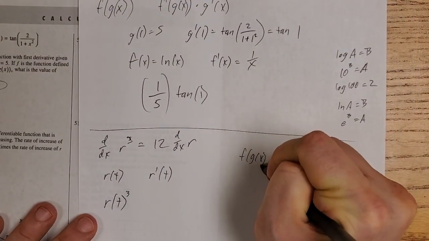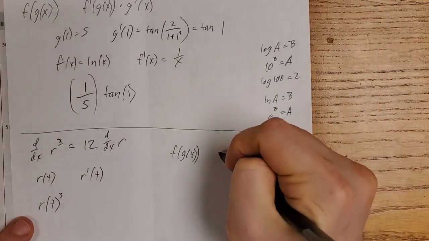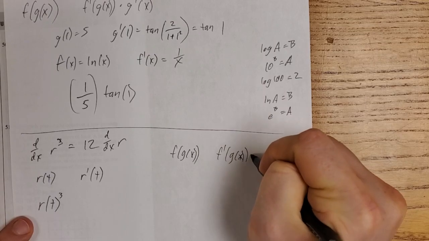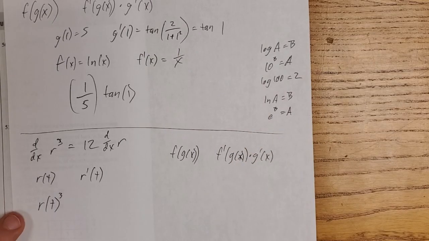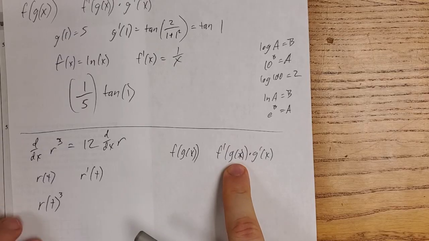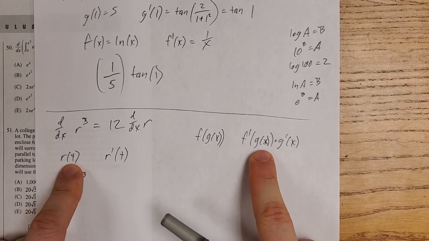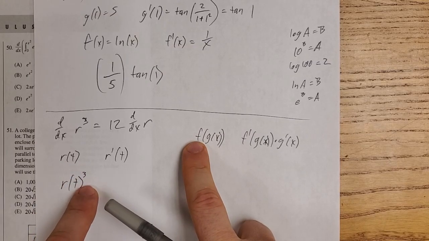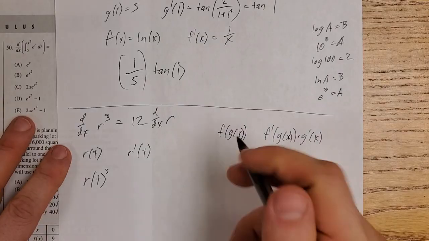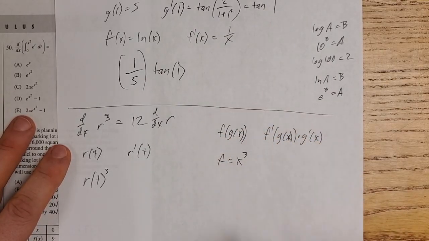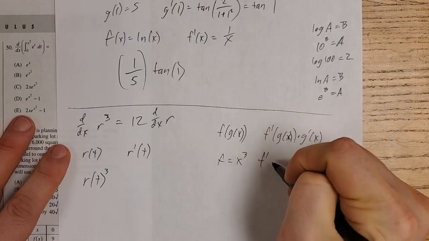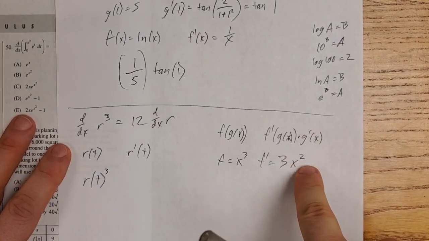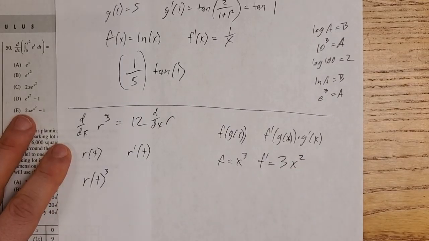So your f of g of x, the derivative of that, f prime g of x times g prime of x, where g of x is your r of t, and that f is the cube, right? So your f is x cubed, and the derivative of f, simple power rule, bring the 3 down, subtract 1, is going to be 3x squared.